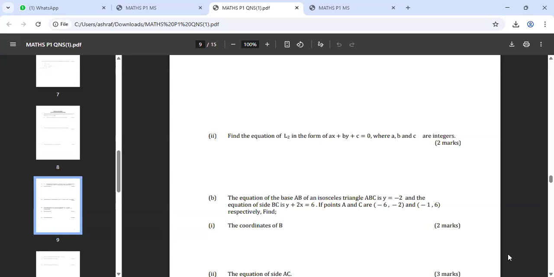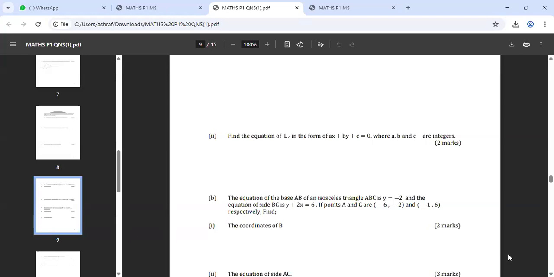So suppose the question was, find the equation of L2, leaving your answer in double intercept form. What would we do?